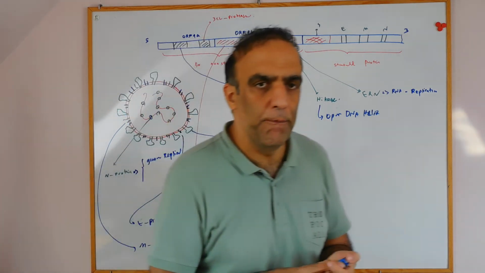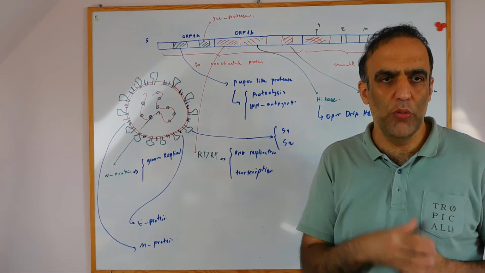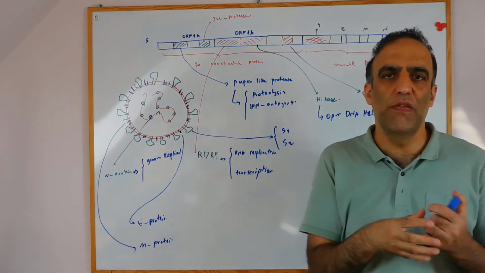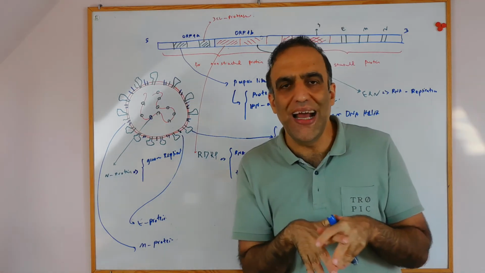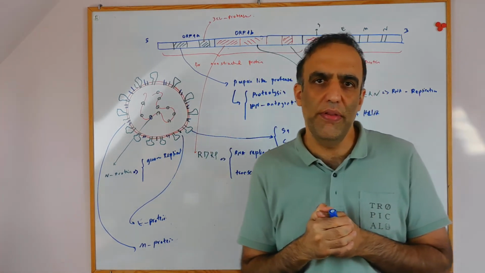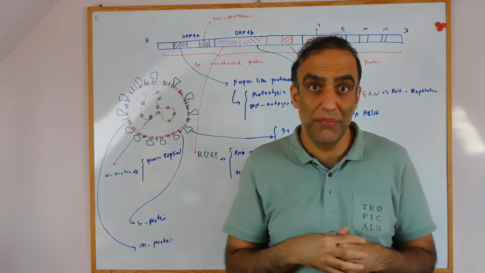It's very important. Okay, the second protein is the E protein or envelope protein. The envelope protein plays a role in viral budding. For example, when the COVID-19 virus is synthesized inside the cell, the virus needs to bud and go out from the cell.